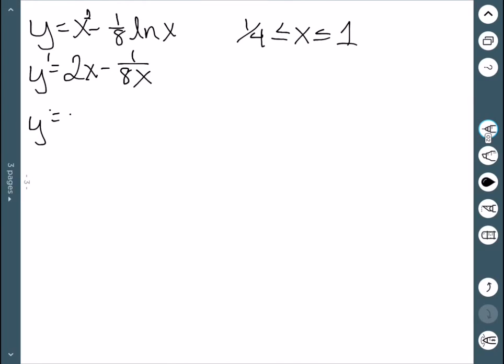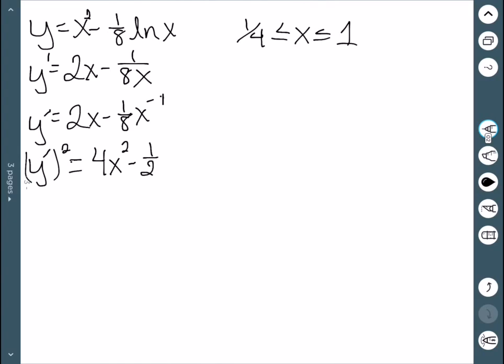We're going to rewrite this slightly as 2x minus 1/8 times x to the negative 1. We then need to square this value. That gives us 4x squared. We then multiply 2 times 1/8 to give us 1/4, times 2 is 1/2, and then we square the last: 1 over 64 x to the minus 2.